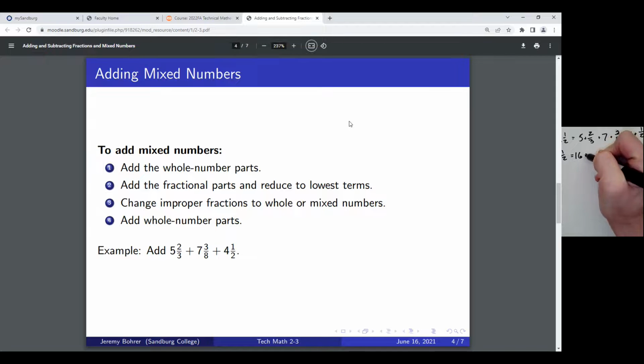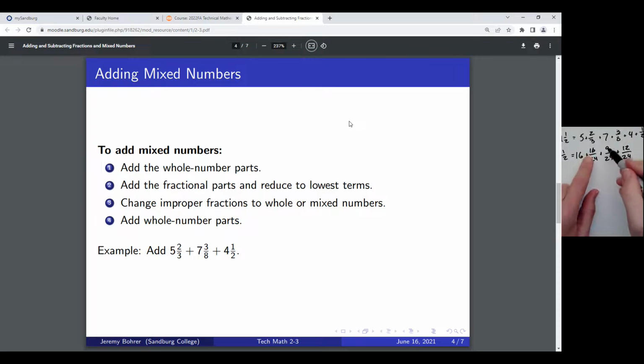So that's 16 plus, well, 3 times 8 is 24. So we multiply 2 by 8 to get 16 over 24. 8 times 3 is 24, so we multiply 3 by 3 to get 9 over 24. And 2 times 12 is 24, so we multiply both numerator and denominator by 12 to get 12 over 24.